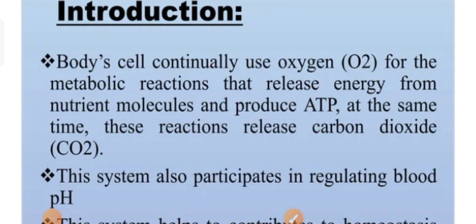continually use oxygen for the metabolic reactions that release energy from the nutrient molecules and produce ATP. At the same time, these reactions release carbon dioxide. Our body is made up of cells, and these cells continuously need oxygen.